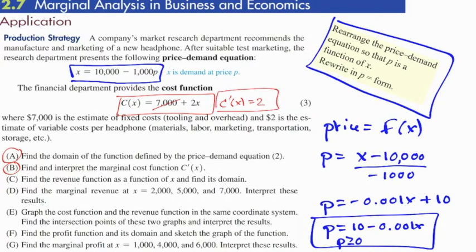So from here, we see that the change in cost of production is equal to 2, a constant. And because we don't see any x variable in the marginal cost function, that means the cost of production will always increase by 2, no matter what the x value is. And the x value is our production level. So that means the cost will always increase by 2, no matter how many headphones we are producing.